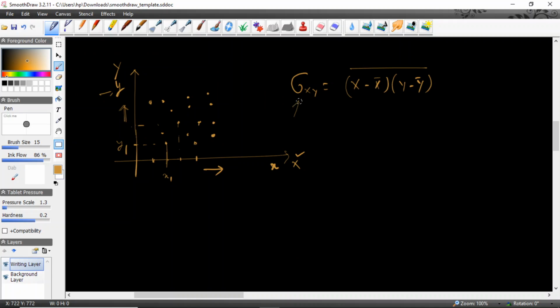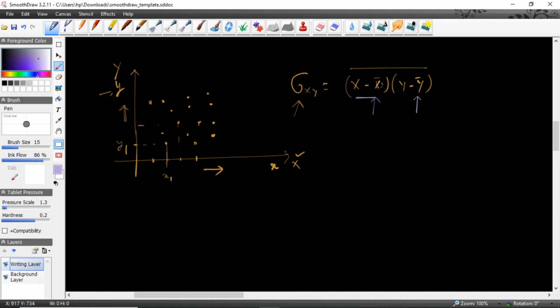Now if you look at this parameter, which I have called covariance, you find x minus x bar, where x bar is the mean value of the random variable x, and y bar is the mean value of the random variable y.